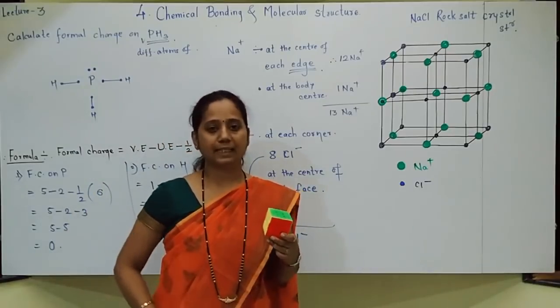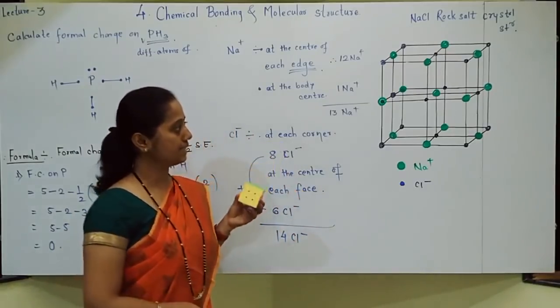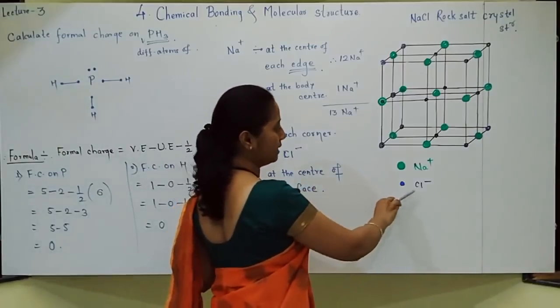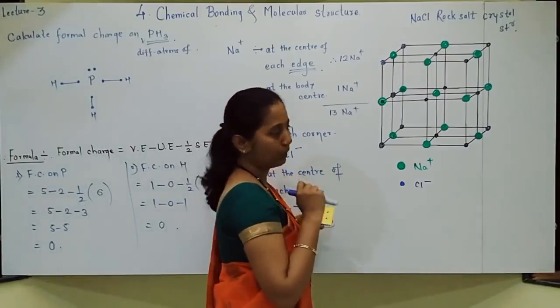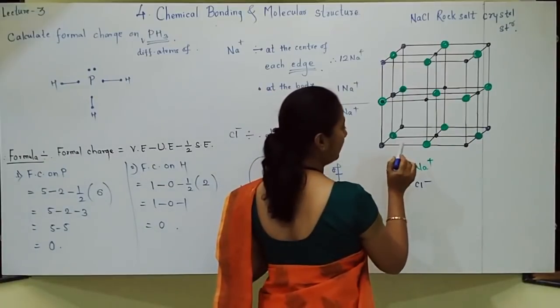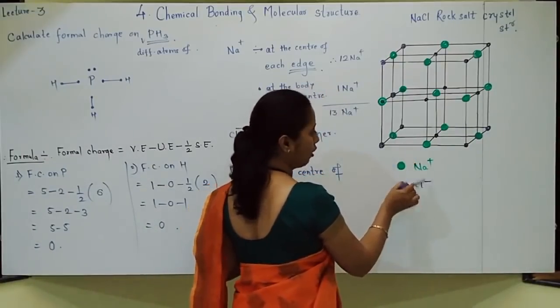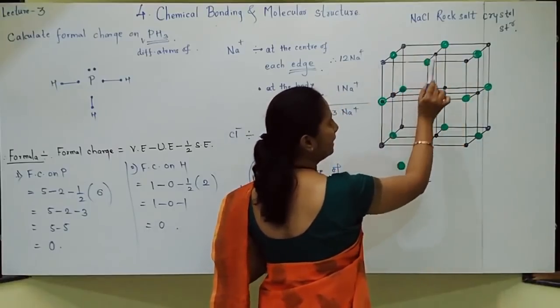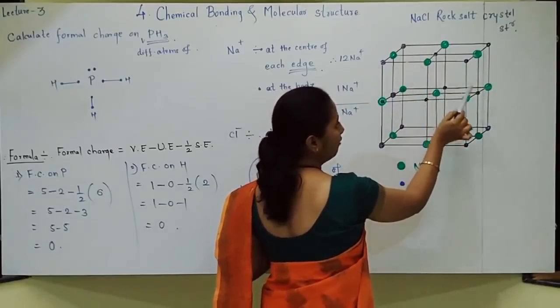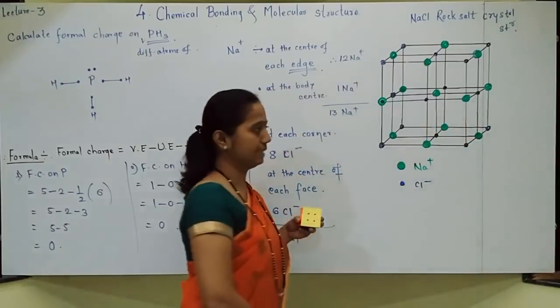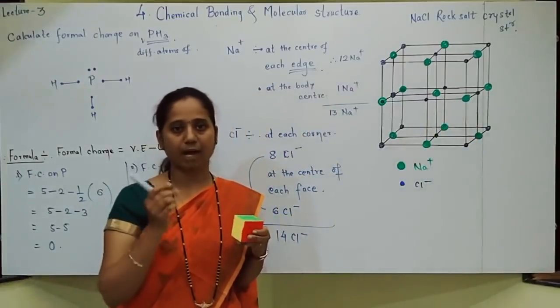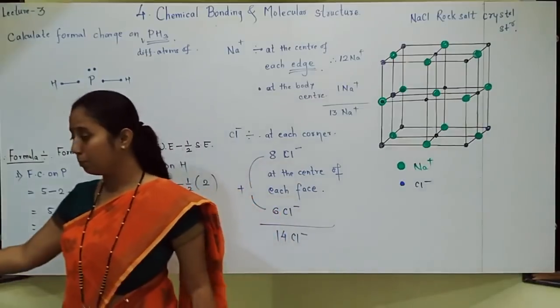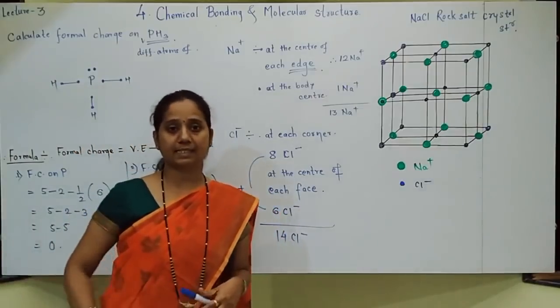Like this, students, in the NaCl structure, you can see Cl minus ions shown by blue color dots. You can see blue dots at every corner, 8 corners, and then at every face center. Have a look at your NCERT textbook, open it, and see the NaCl structure.